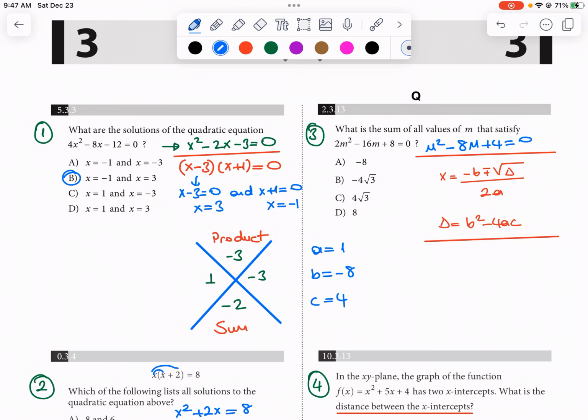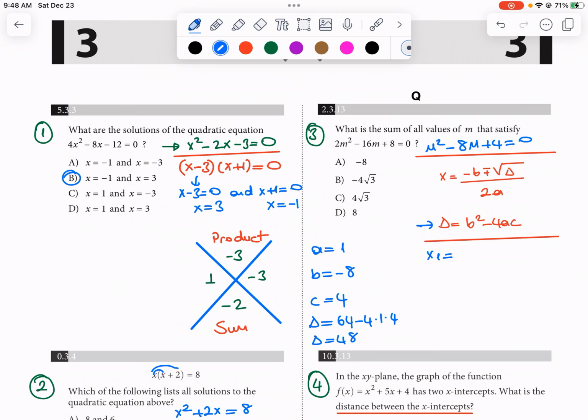And now we can find the discriminant. The discriminant is b squared minus 4ac. B is negative 8. Negative 8 squared is 64. And minus 4ac: 4 times a is 1 and c is 4. So 64 minus 16 makes 48. Now we can find the solutions.